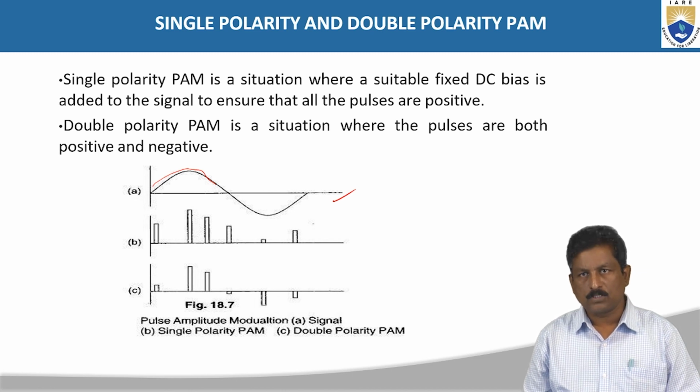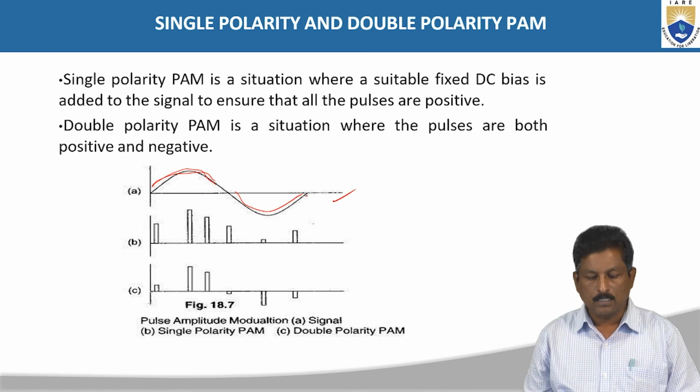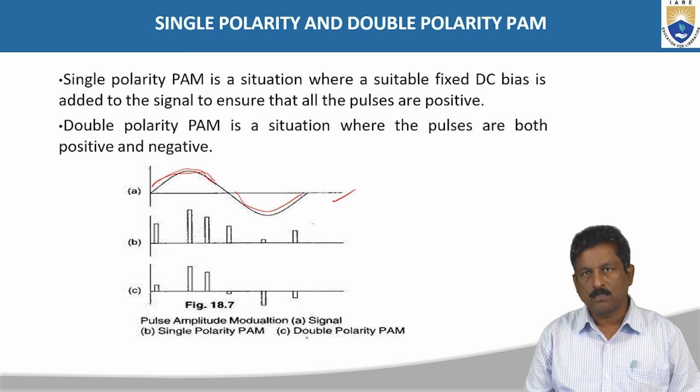When both sides are considered, positive as well as the negative side, we will get both polarities, so double polarity PAM. So based on the consideration of the polarities, we may have single polarity pulse amplitude modulation, or we may have double polarity modulation.